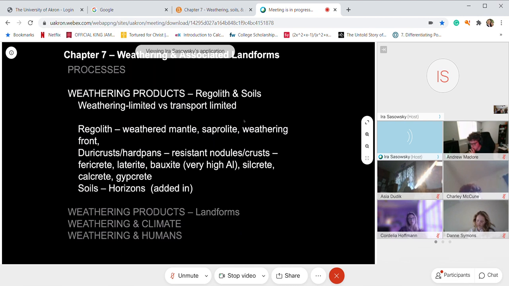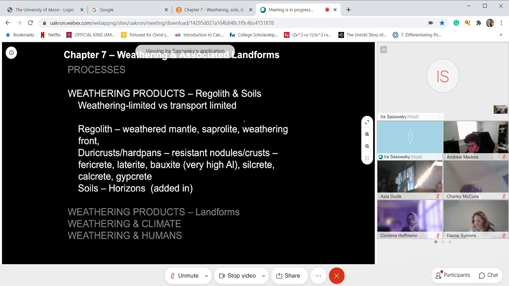I actually prefer the original definition, which is any loose natural material at the surface of the earth. That definition includes such things as glacial till, glacial outwash, alluvium, soils, sand dunes, gravel bars in a river.